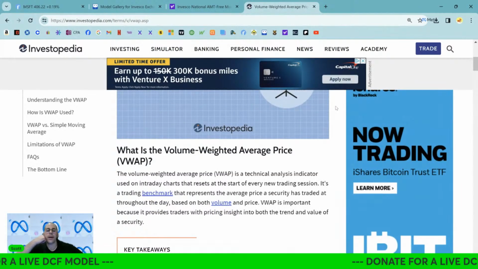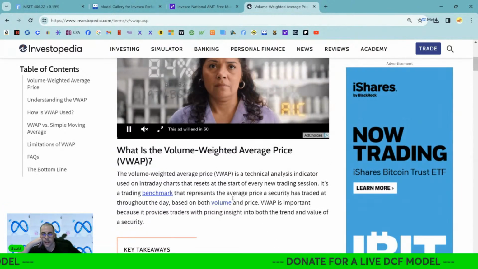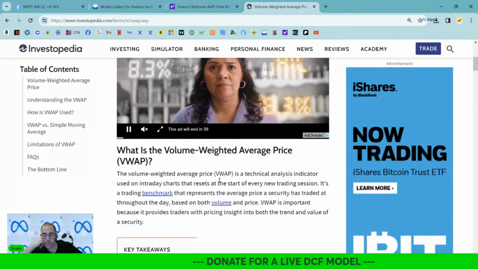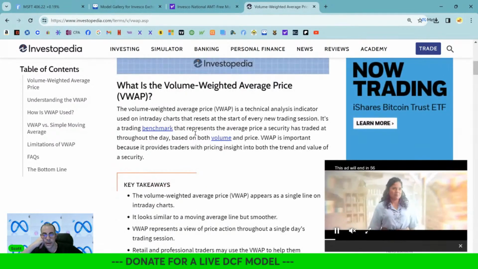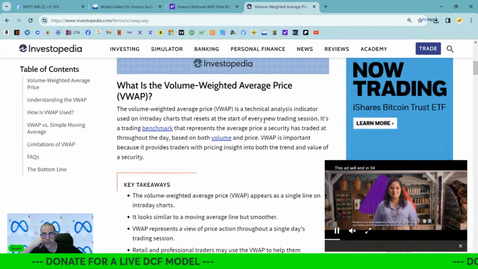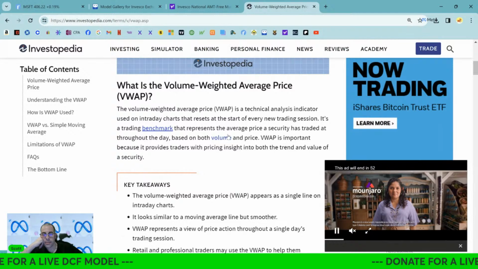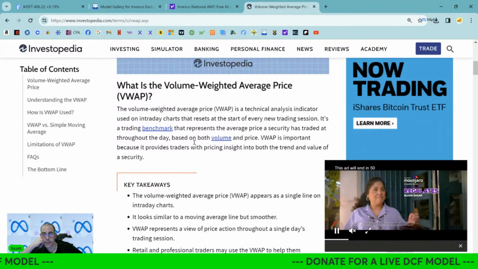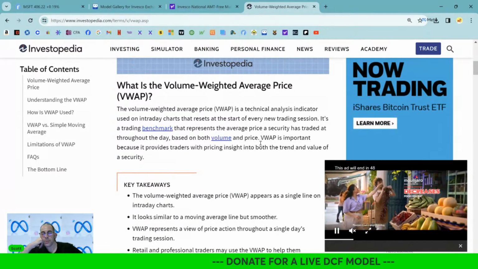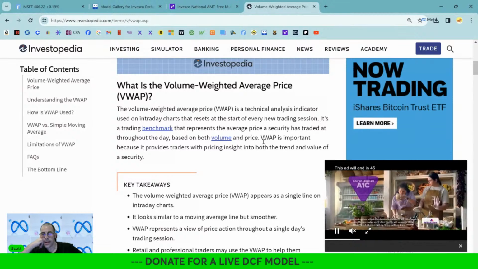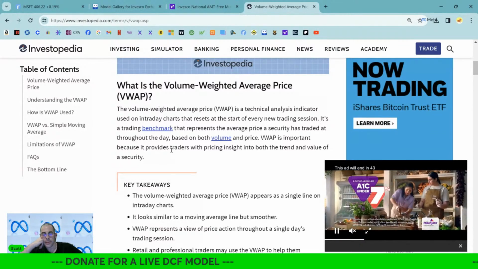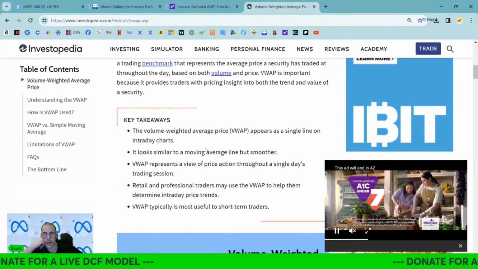There's so many ways to look at these things. It's a trading benchmark that represents the average price of a security traded throughout the day, weighting it against the volume, hence the name, I guess.